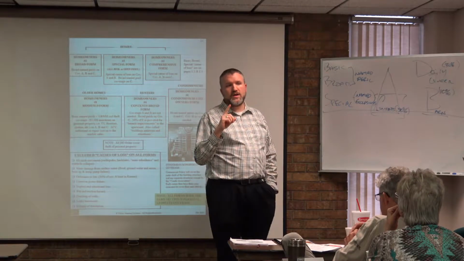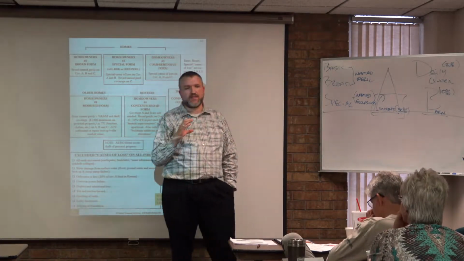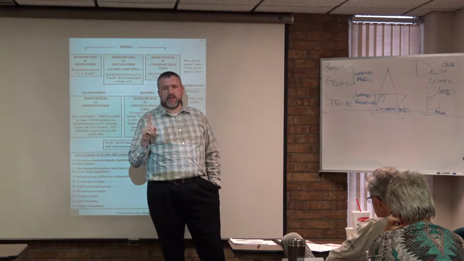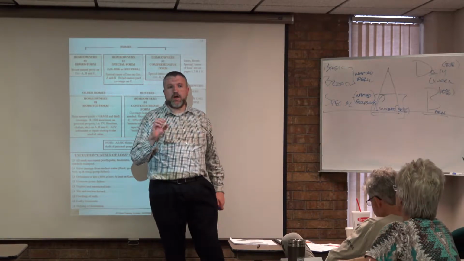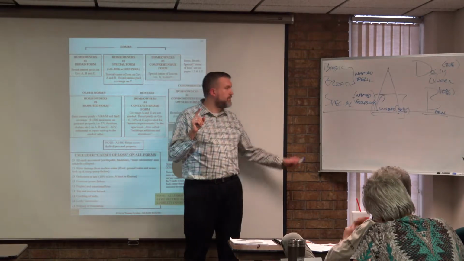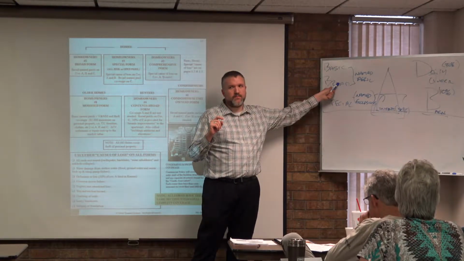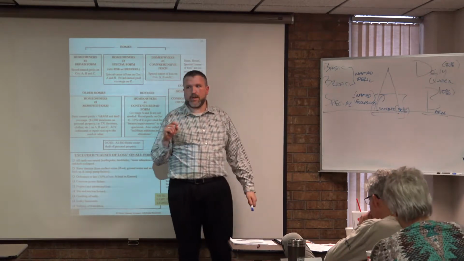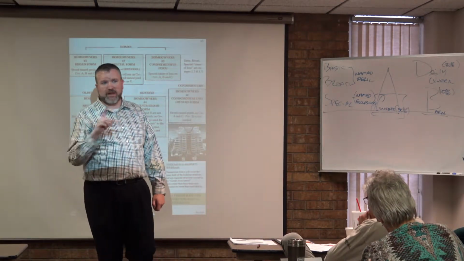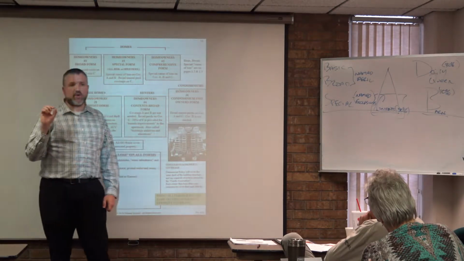And we also need to know that the HO4 is a contents broad form. So if anything happens to your contents underneath the HO4, it had to have happened as the result of a named peril. Okay? That's why we call it the contents broad form. That's all that matters here, is your stuff.